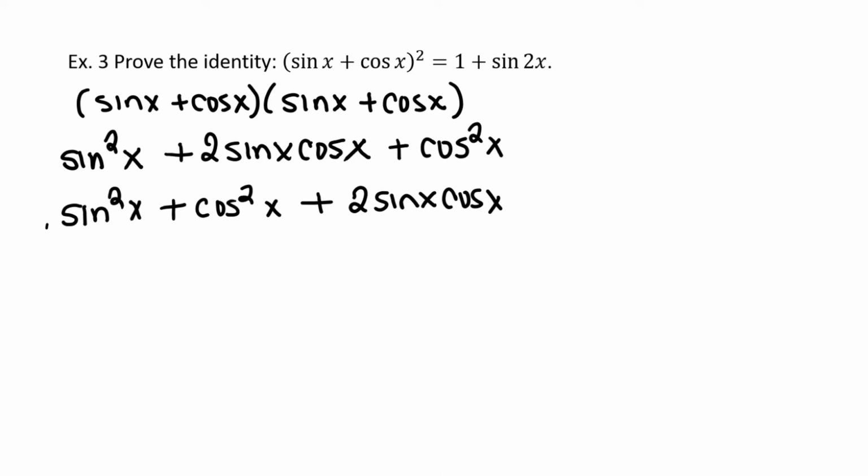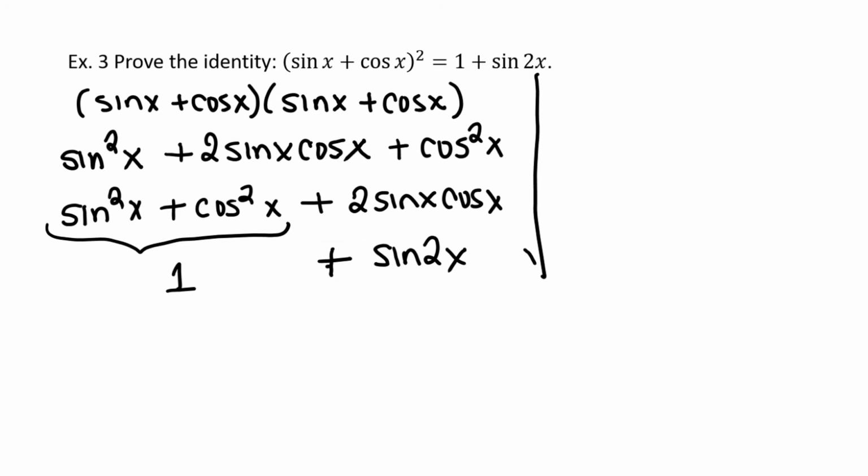Let's continue. Sine squared x plus cosine squared x is 1. And 2 sine x cosine x is the double angle formula for sine 2x. So now we transformed the expression on the left-hand side to make it match the expression on the right-hand side.